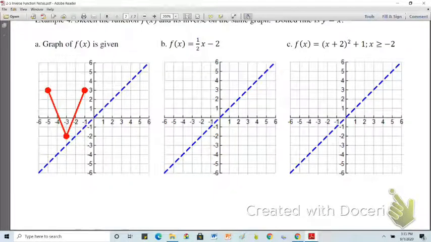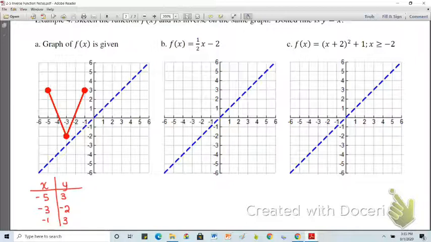So if I look at example A, we are going to graph the inverse. First things first, I'm going to make a t-table. Remember, this is just a simple xy table of my points. So going from left to right, I have the points -5, 3, -3, -2, and -1, 3.